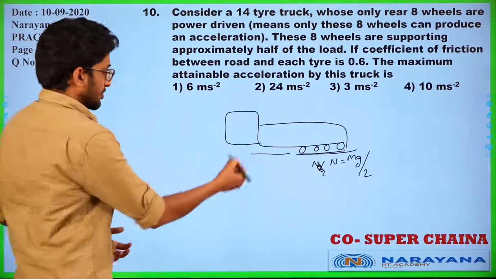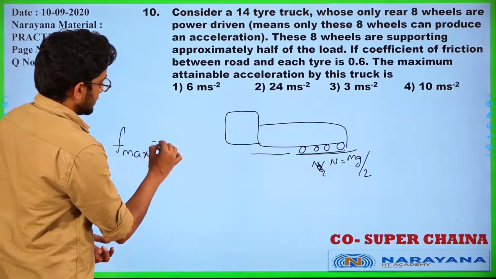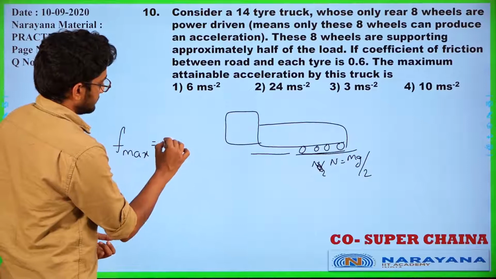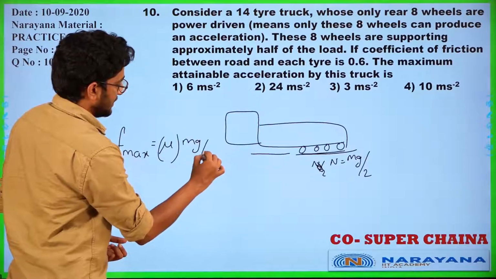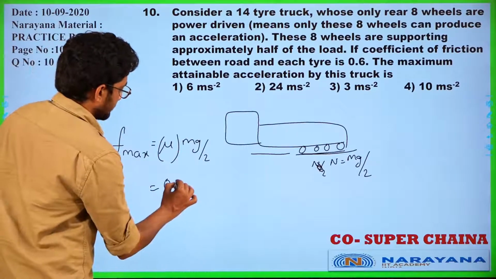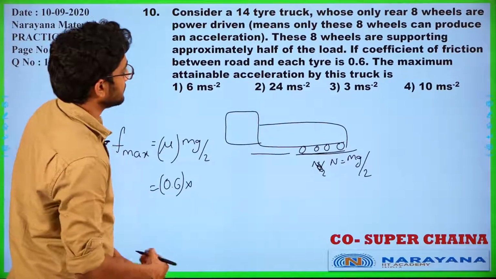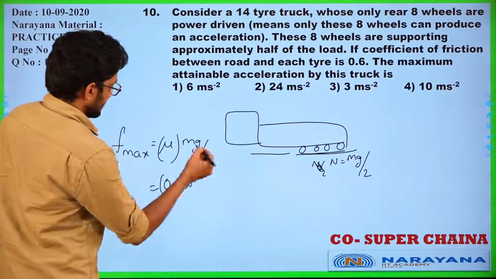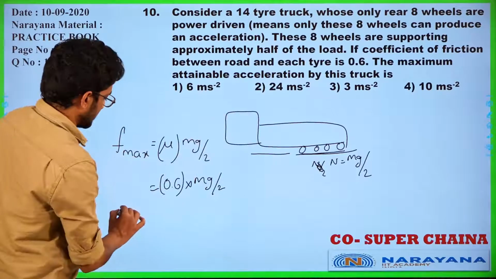So what is the maximum possible friction here? Maximum possible friction is mu into the normal acting. The normal acting here on these wheels is only mg by 2. So mu value is given as 0.6 and the weight. Okay, this is the maximum force, and you need the maximum acceleration.